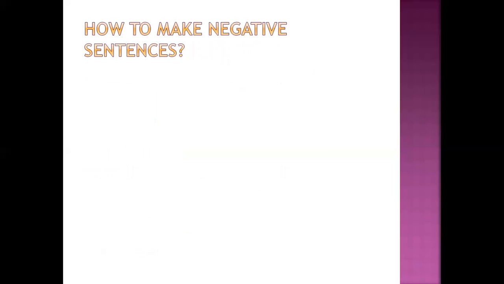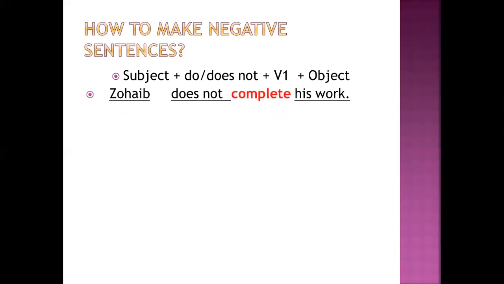Now, how to make negative sentences. Here we have the formula: subject plus do or does not plus verb's first form plus object. Now, Zuhaib does not complete his work. If I ask you what would be the positive form of this given sentence, what would that be? Zuhaib completes his work.